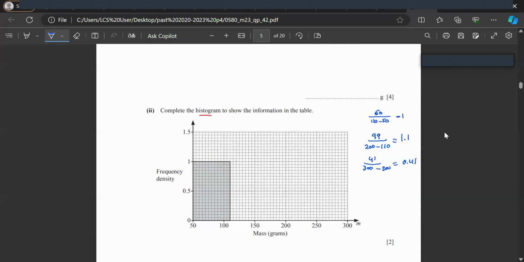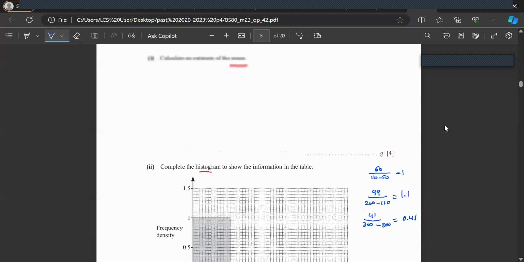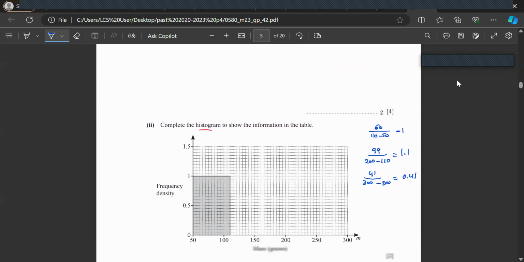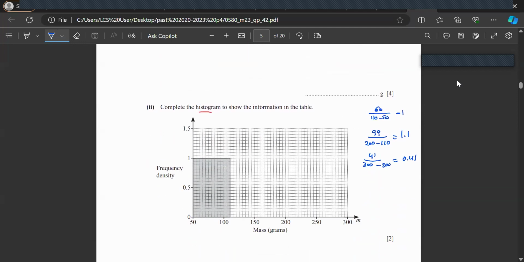So let's go to draw them back. Here, first of all, this is 1.1, from 110 to 200. So I will go here. How many boxes? Look here. This is 1, and there are 20 boxes, so each 0.1 means 2 boxes.